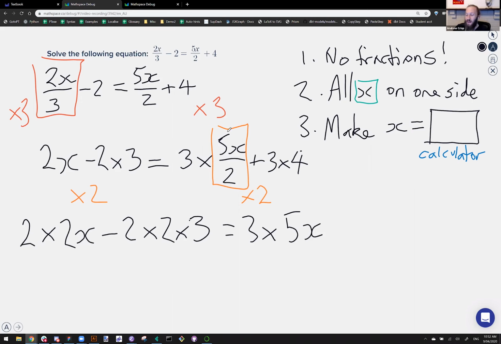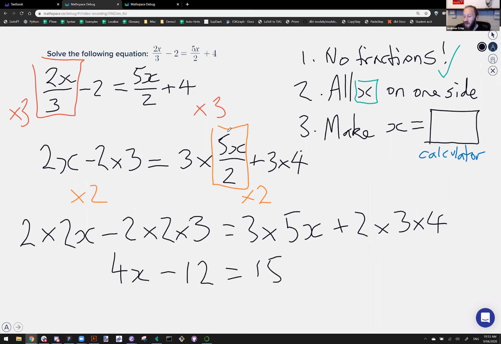And then finally, plus 2 times 3 times 4. And we can tick off the first step. After I rewrite this, 4x minus 2 times 2 times 3 is 12 equals 3 times 5 is 15x plus 2 times 3 times 4 is 24.